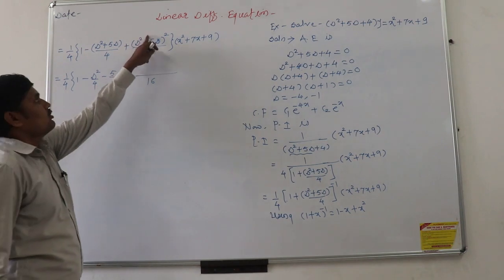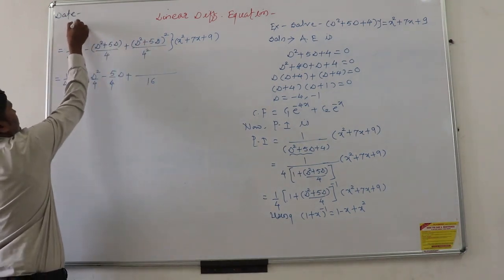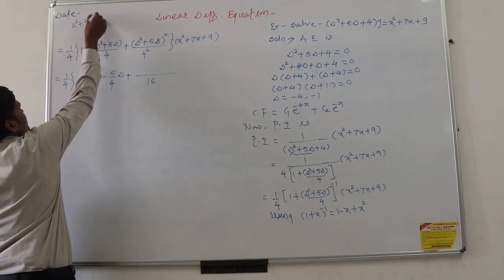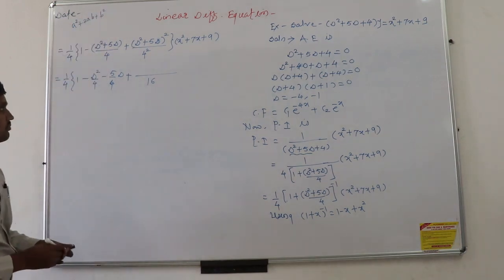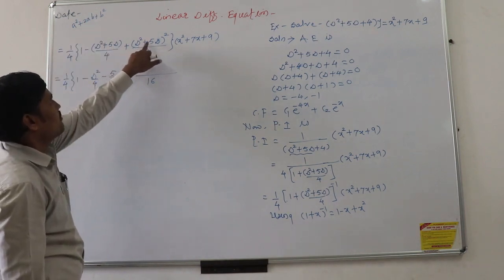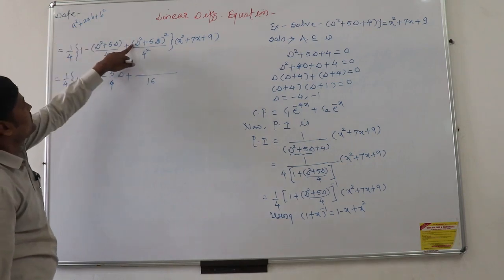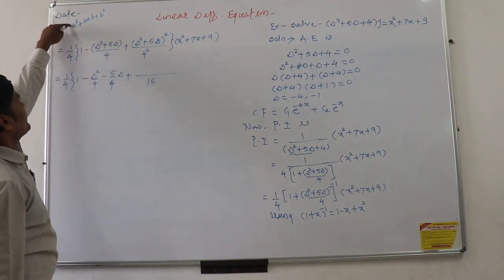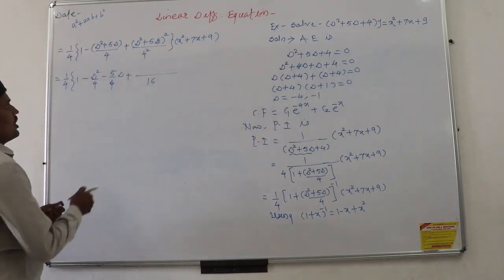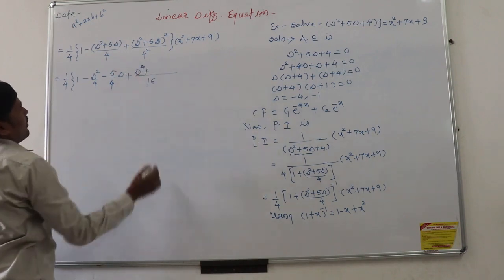Then expand it by using a plus b bracket square. So a plus b bracket square is a square plus 2ab plus b square. So a means D square and b is 5D. Substitute a and b. If a is D square, then D square bracket square is D raised to 4, plus twice ab.